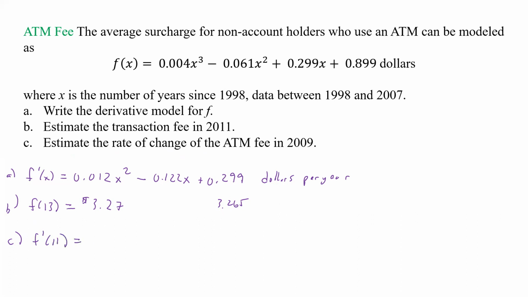And so we just plug in 11 to this. 0.012 times 11 squared minus 0.122 times 11 plus 0.299, and we get 0.409, so that's going to be $0.409 per year.